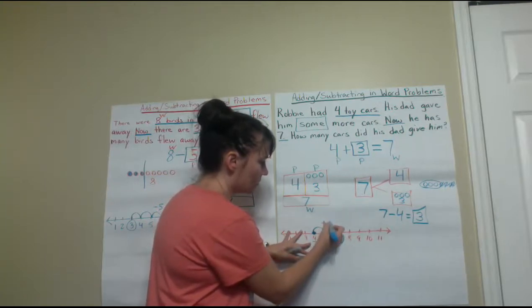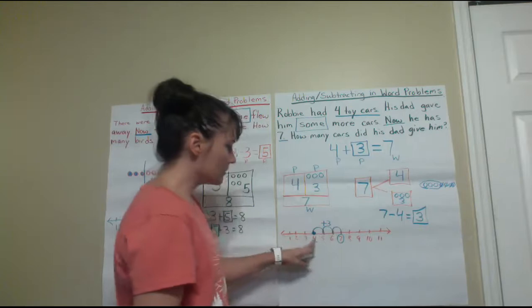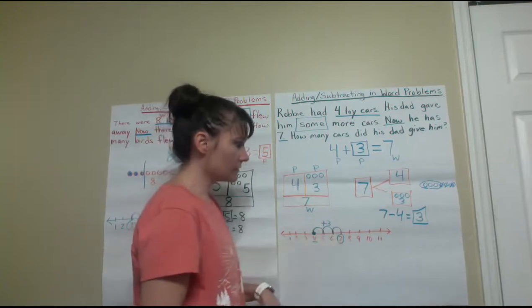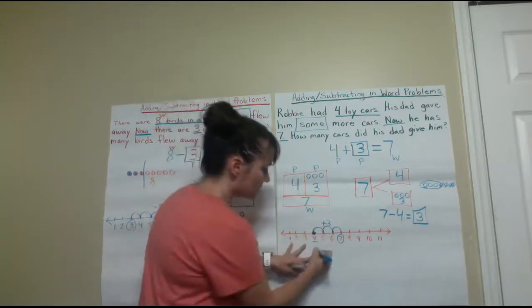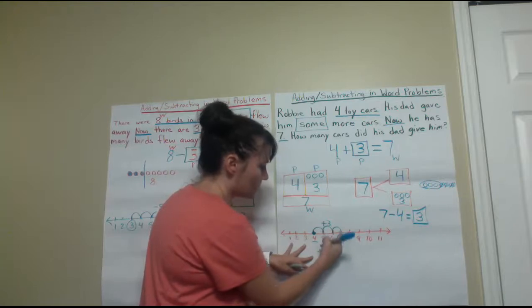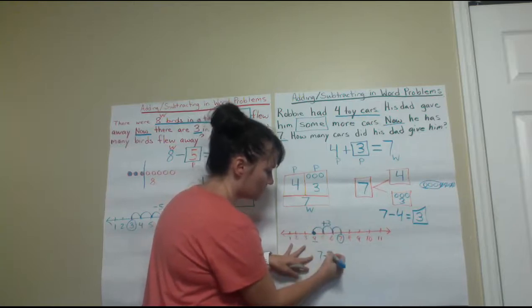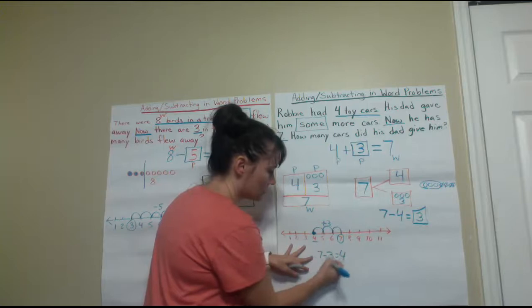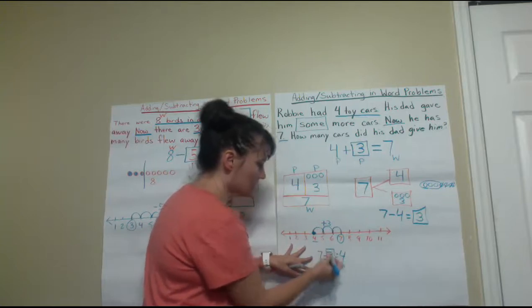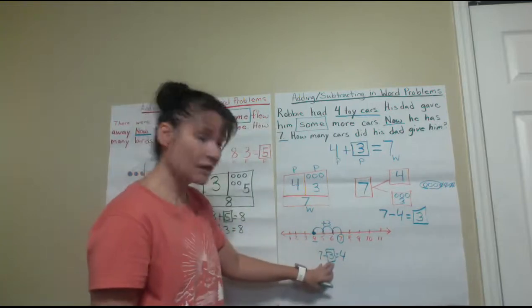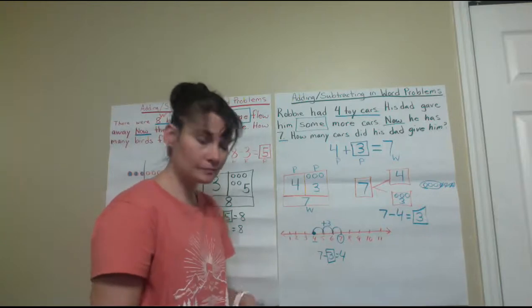So I added 3 hops. 4 plus 3 equals 7. And I could also think 7 minus 3 equals 4. That would still get me my answer. 7 minus something equals 4.